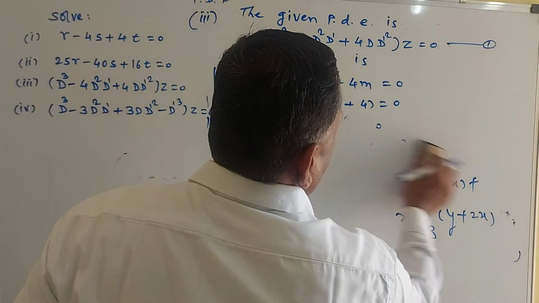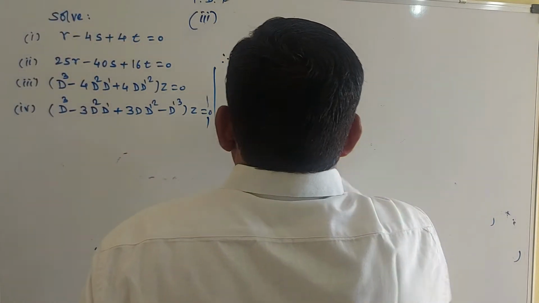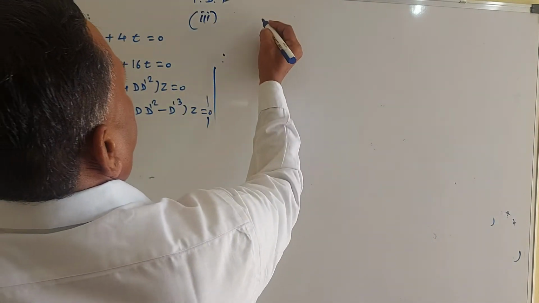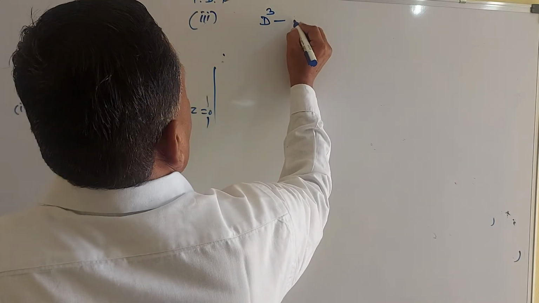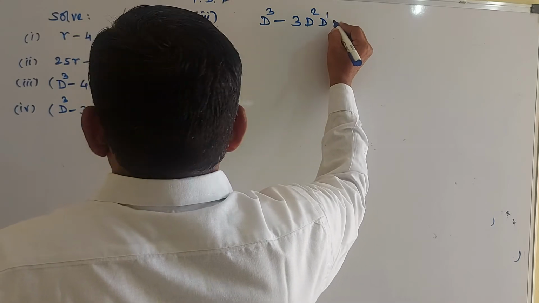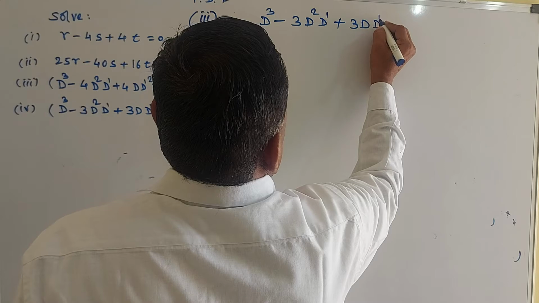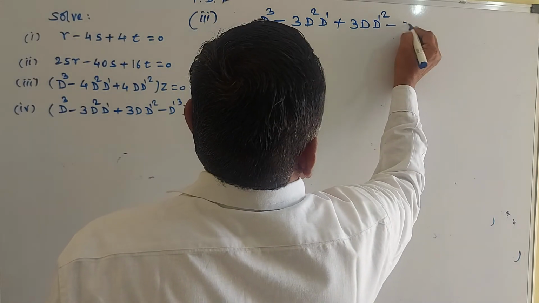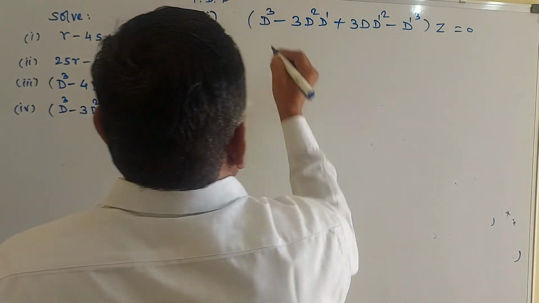Now lastly we solve the fourth example. The given partial differential equation is D cube minus 3D square D dash plus 3D D dash square minus D dash cube, operated on z, is equal to 0.